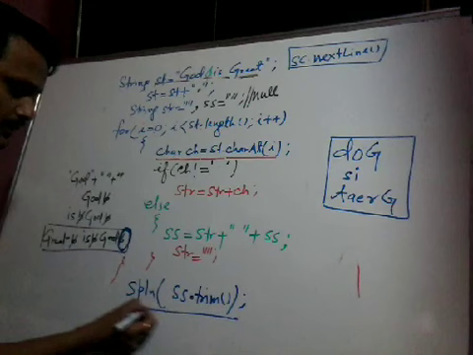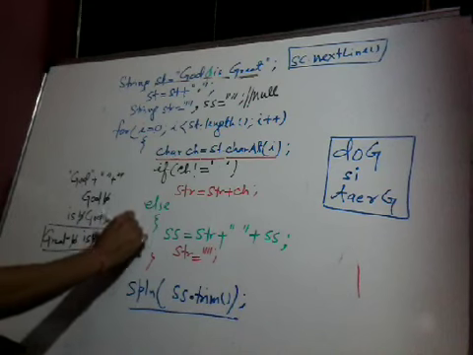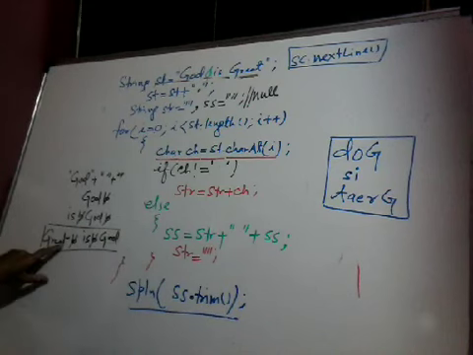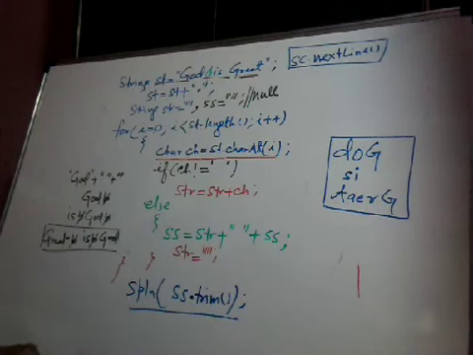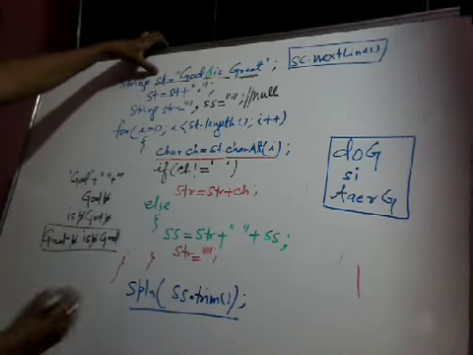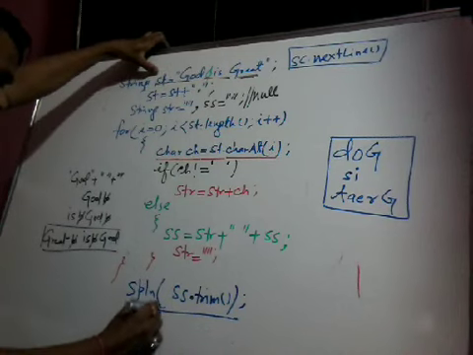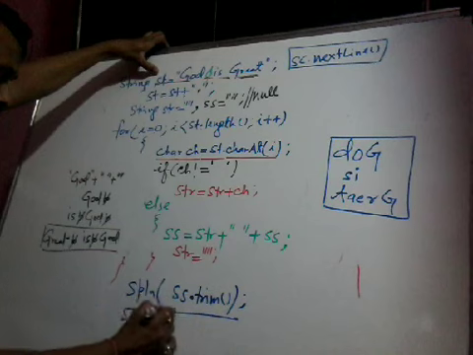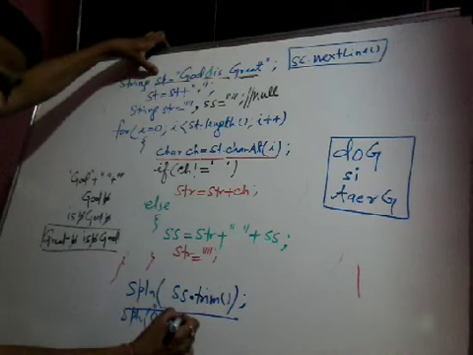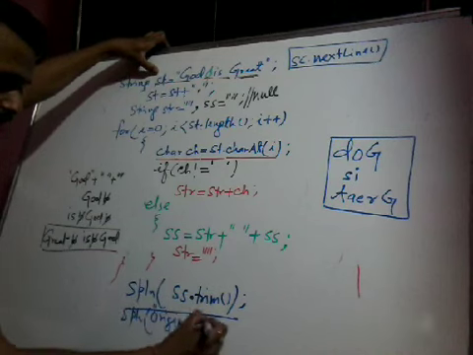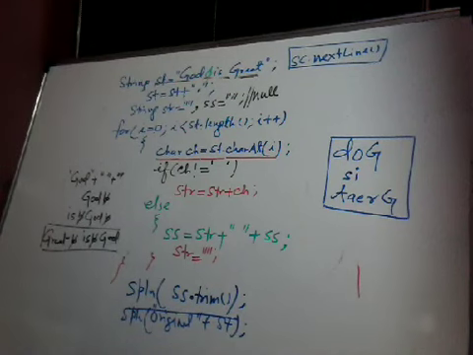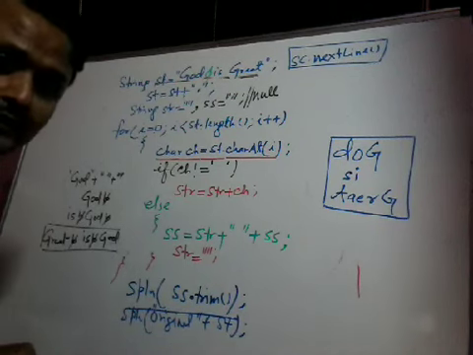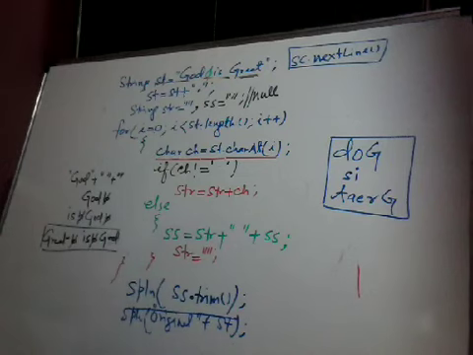When you use this one, it will remove this white space, and this sentence will be printed here. And suppose you want to print the original sentence. What is the original sentence? st. So here if you write original equal to st, then it will print God is great.